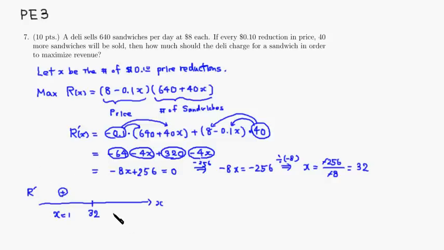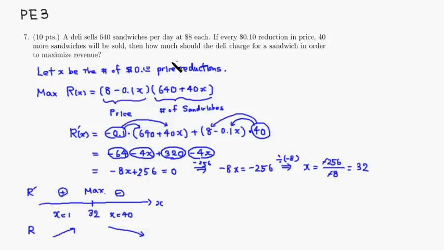Try something bigger, like 40: negative 8 times 40 is negative 320, plus 256 is definitely negative. So the original function is increasing before 32 and decreasing after 32, so we have a maximum here.